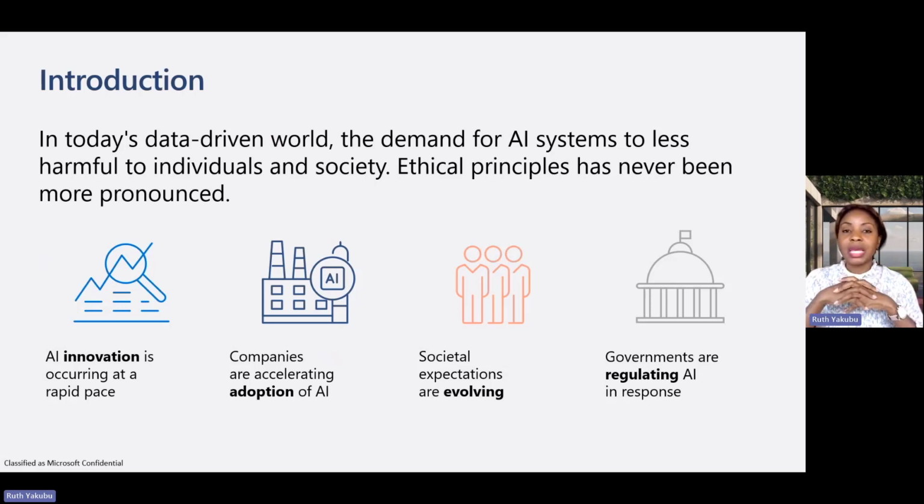Another thing that we're seeing is an increase in societal expectation when it comes to AI. We're seeing more people participating in discussions around AI, and there's a lot of excitement, but also a lot of scrutiny, and a sense that we need to pause and have regulations around AI.